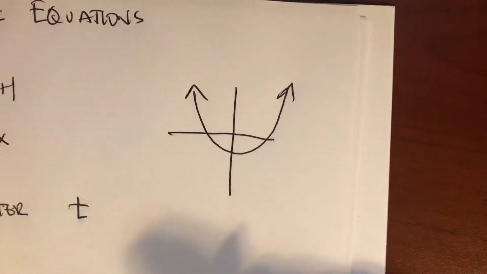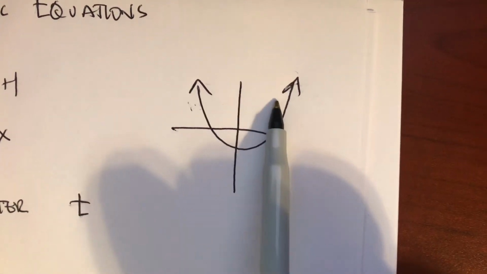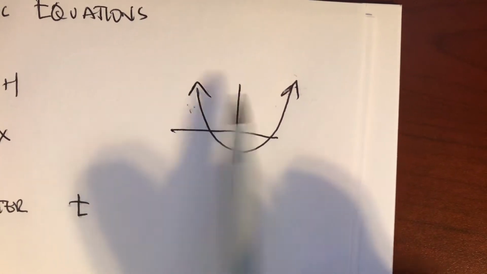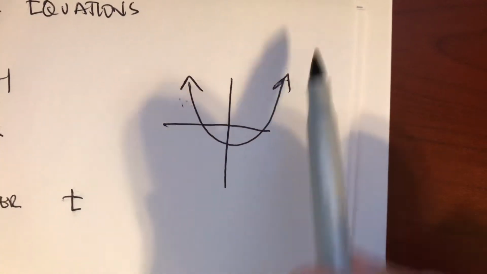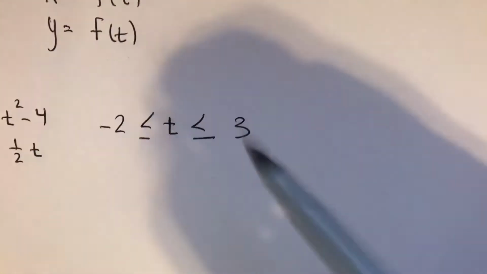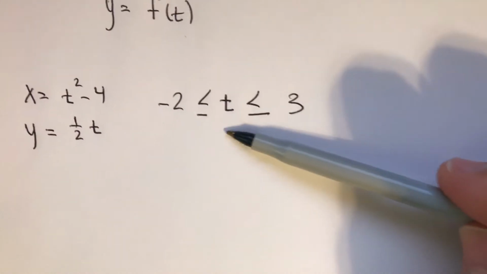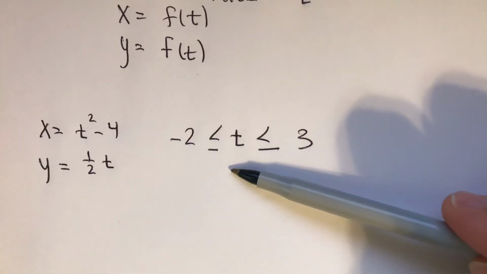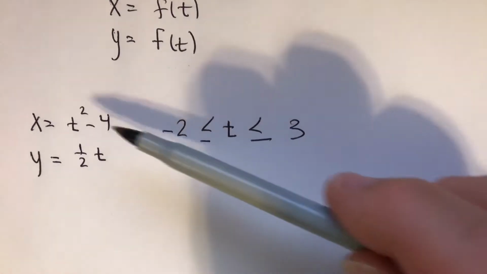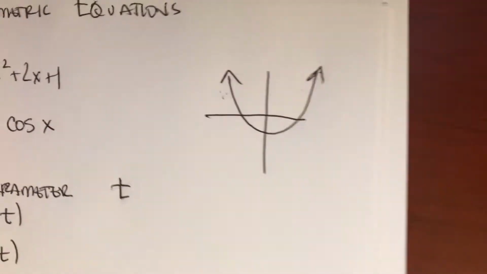Notice that typically when I do this, I put arrows at each end of my graph to indicate that it's going to continue in that direction forever and that direction forever. That's a difference between parametric equations and function equations: a parametric equation will have a definite beginning point and an ending point. It will not have arrows at the end of it.